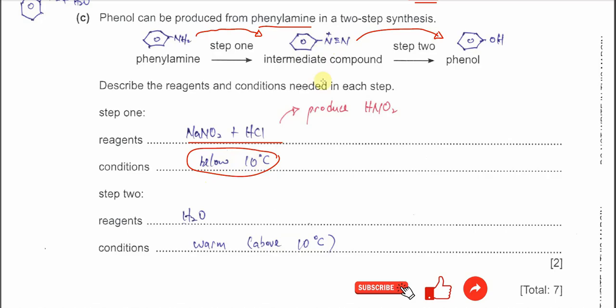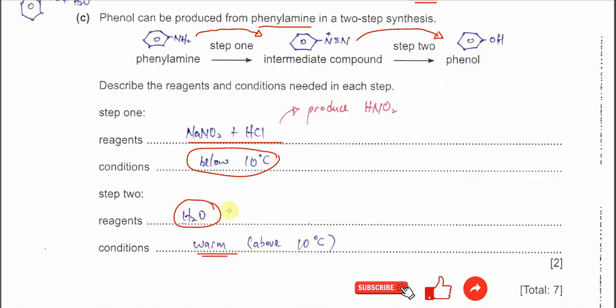After that, if we want to form phenol, we no longer need to keep it below 10. We just warm the solution, so it will decompose and form phenol. It needs water, and forms phenol.